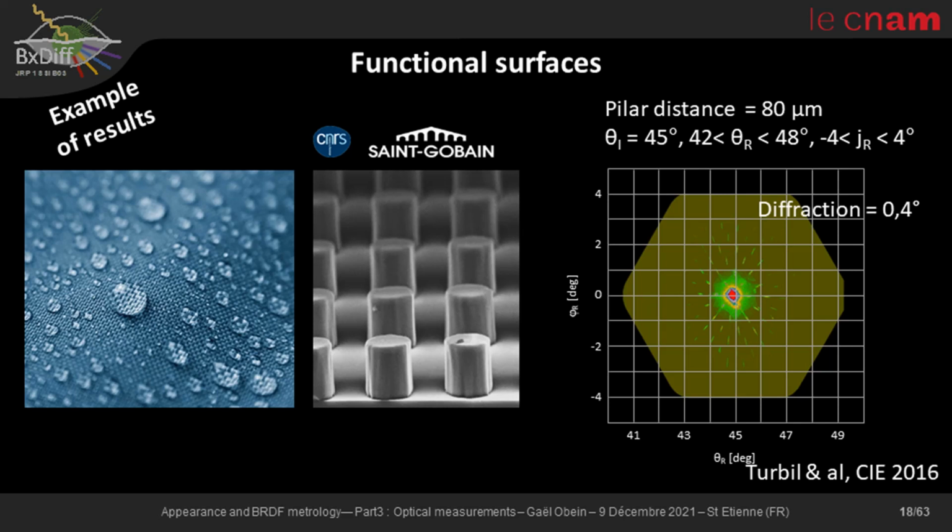And you can see in the BRDF the different diffraction peaks that are linked to the structures, if you have the good angular resolution, because the grating has a step of 30 microns, so it gives different orders every 0.4 degrees. So you need a very good angular resolution. But today we can do that kind of measurement.